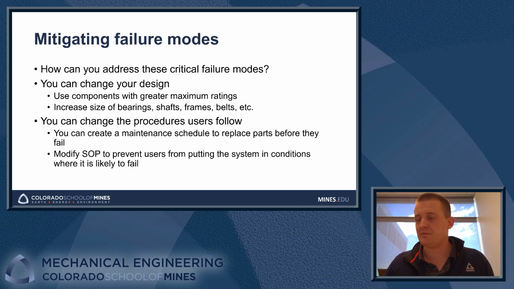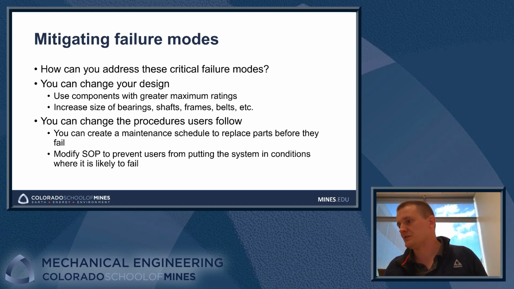The other thing that we can do is modify the standard operating procedure that users use to interact with our system. We can write the standard operating procedure in such a way that we don't ever put our system in a situation where we can have a really critical failure. We make sure that we don't load up our motor so much that we could potentially snap a shaft or bend the frame or something like that.